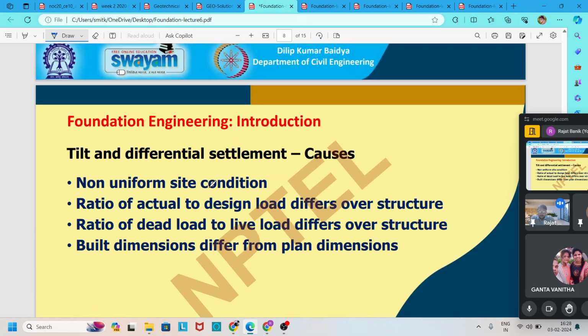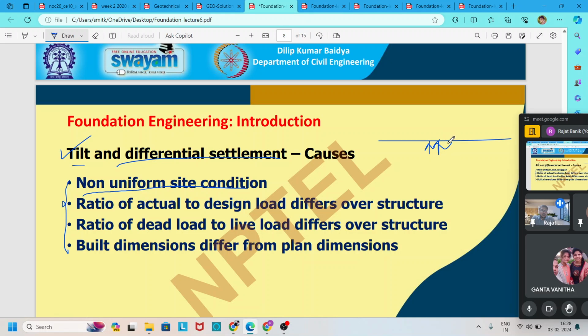Then what are the causes? Here we discuss the causes for tilt and differential settlement. In both cases, tilt and differential settlement, it is a little bit similar. The causes given here are that if a non-uniform soil site is present, that means the pressure below the foundation is non-uniform.